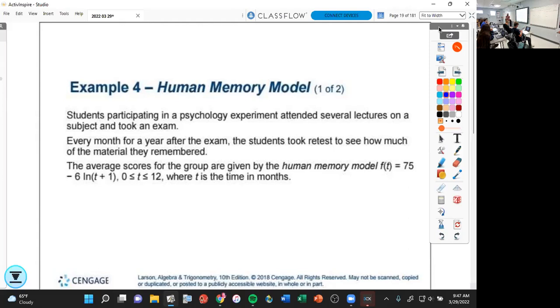How come t can be 0? Because it tells us here 0 is less than or equal to t, meaning t can be 0. The smallest value inside the log is going to be 1, right? Because when you plug in a 0, you get 1.